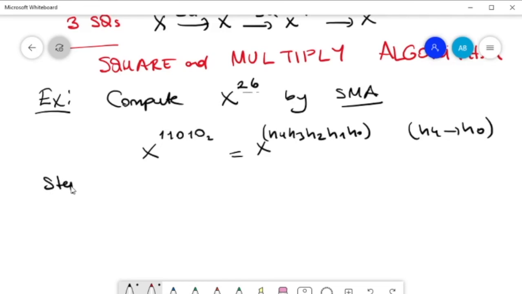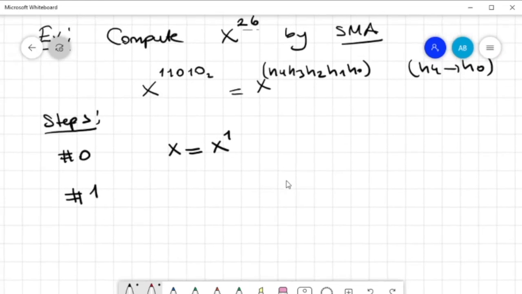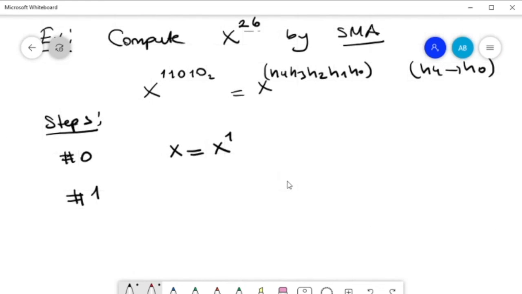In step 0, we start with x, which is x to the power 1. In step 1, in this algorithm, we always first square, then if necessary, we multiply. I will show you why. Here I square x1, which gives x squared.